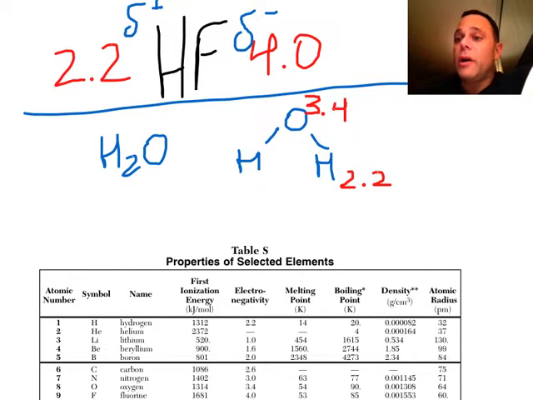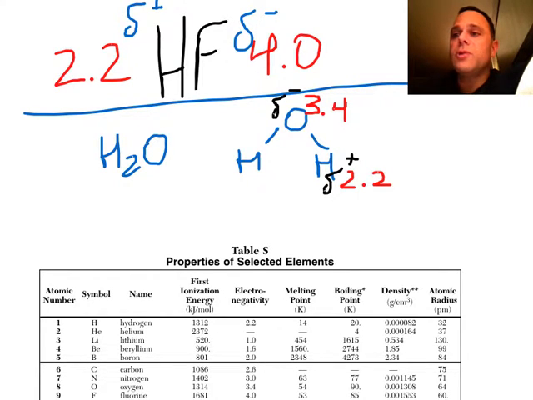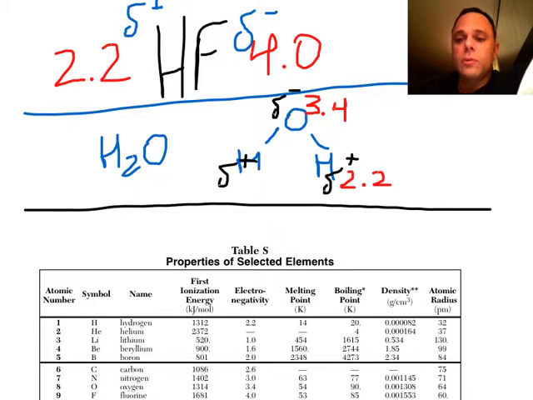And in a similar way, we're going to have an unequal pull on those electrons, giving oxygen a slightly negative charge and hydrogen a slightly positive charge for this one as well. Now, seeing that this molecule is asymmetrical, we also know that the entire molecule is polar.